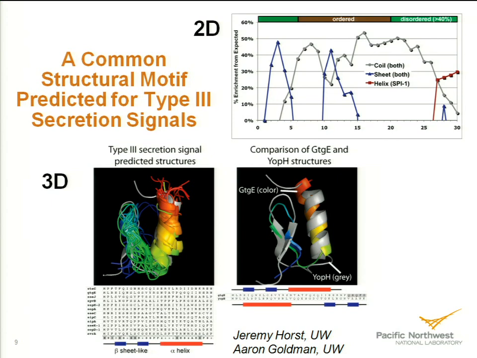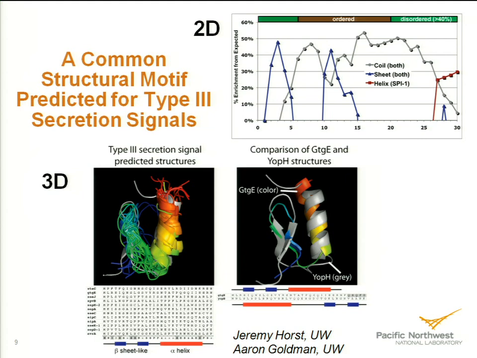We used a set of three different related but different tertiary structure prediction methods to predict 20 structures for each of the 30-some secretion signals. We then did structural clustering, looking at minimizing the RMSD between all of these structures, and we found a very nice cluster. This is shown here in overlap, but you can see it better here.